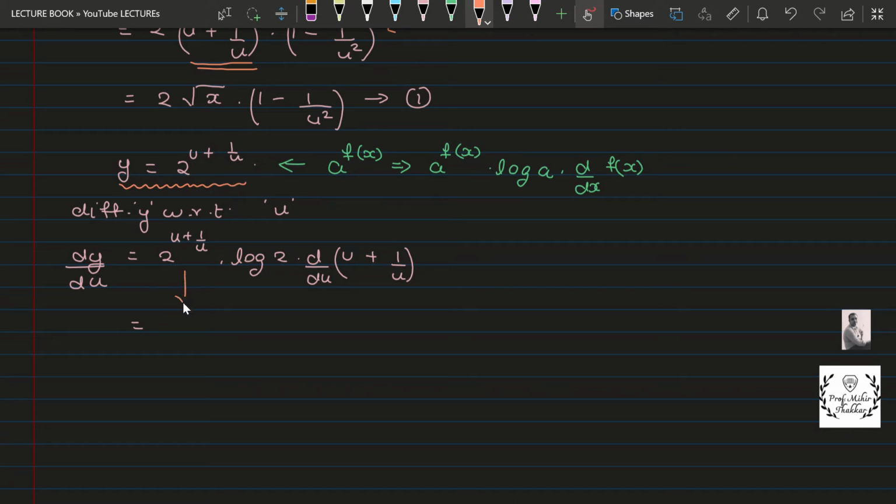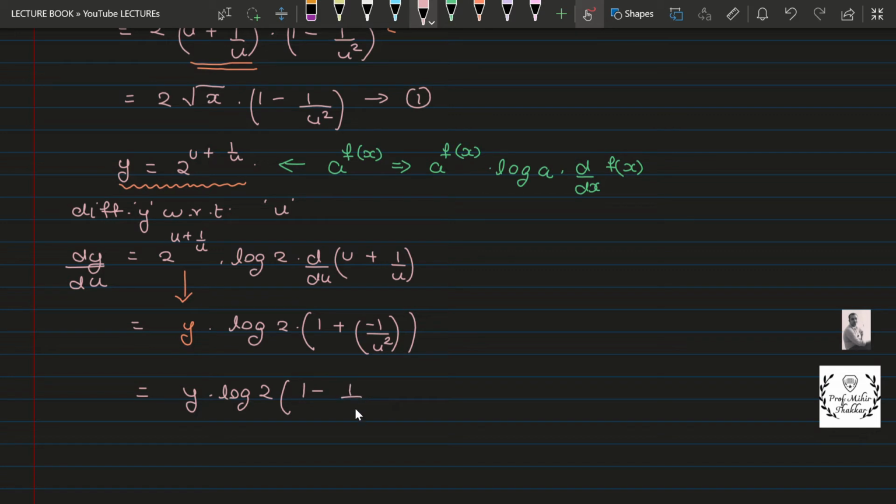So in place of this, I will just replace this by y, and the remaining terms will be as they are. Log 2, and the derivative of this term: derivative of u is 1, derivative of this is minus 1 upon u square. So you get the answer as y log 2 into 1 minus 1 by u square. This becomes dy by du, equation 2.